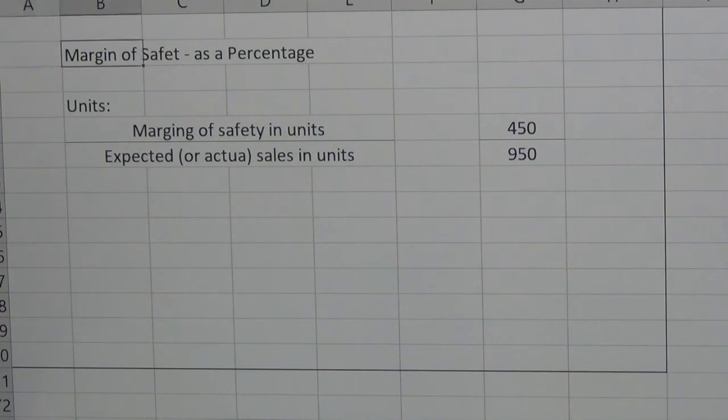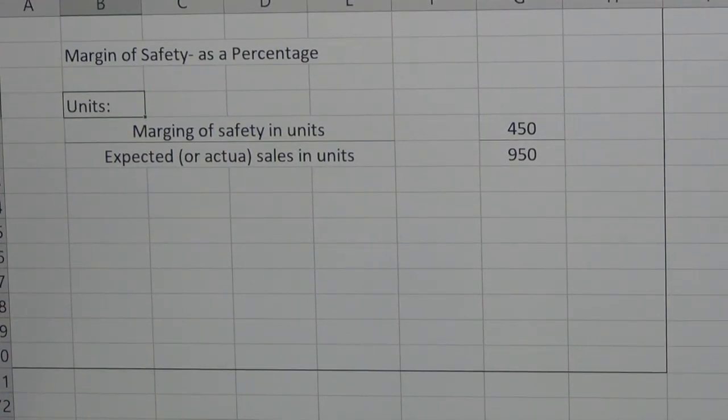So if we want to compute the margin of safety as a percentage, we'll simply take the margin of safety in units, which we previously computed to be 450, and then we'll divide that by the expected or actual sales in units. In this case, it would be 450 divided by 950.